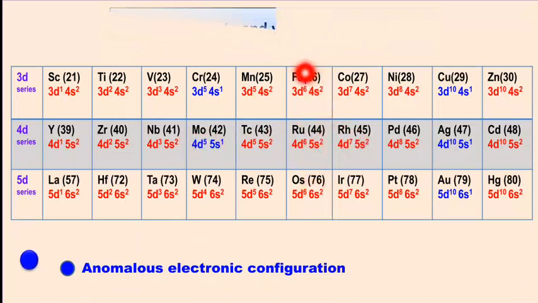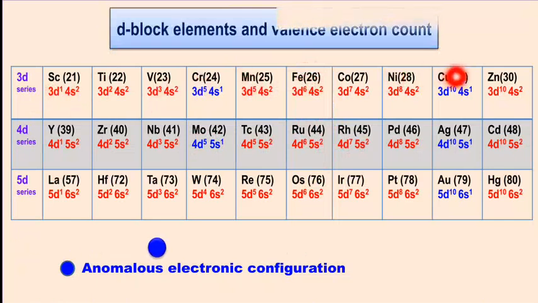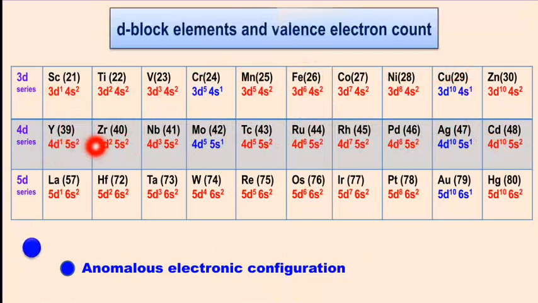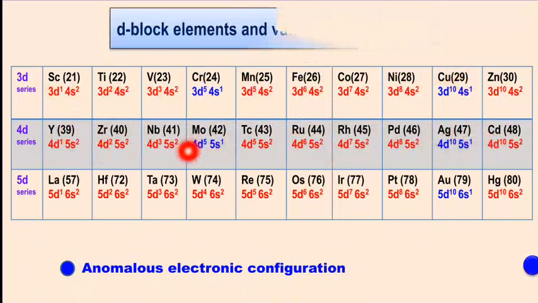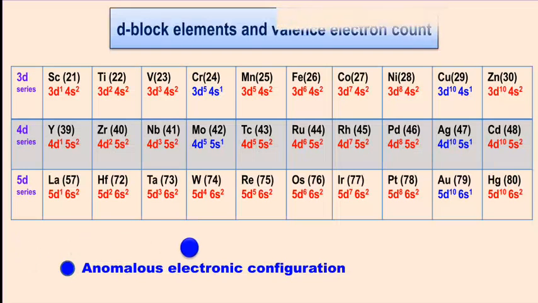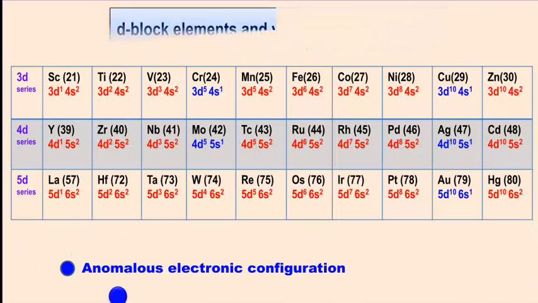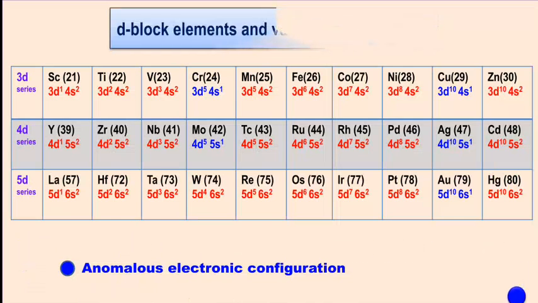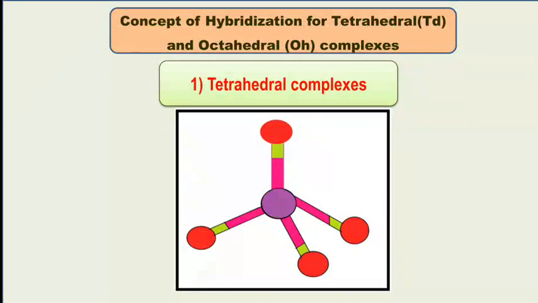If you know the valence electron configuration for the 3d series, you can know it for the 4d as well as the 5d series. This is a very important chart and it will be required while solving problems based on valence bond theory. So let us start the concept of hybridization for tetrahedral complexes.